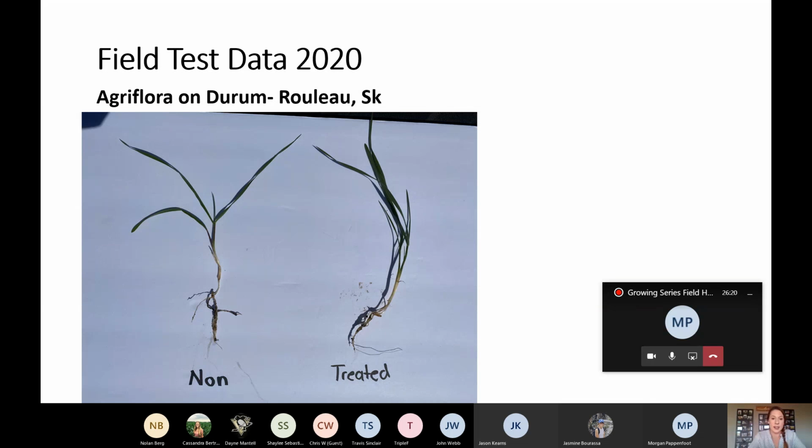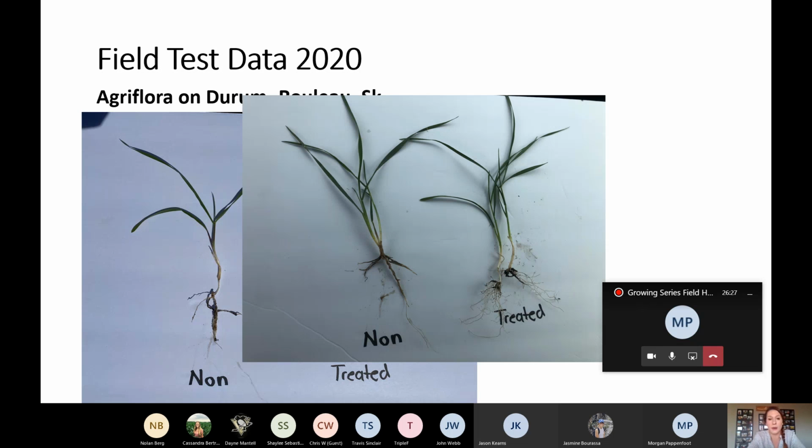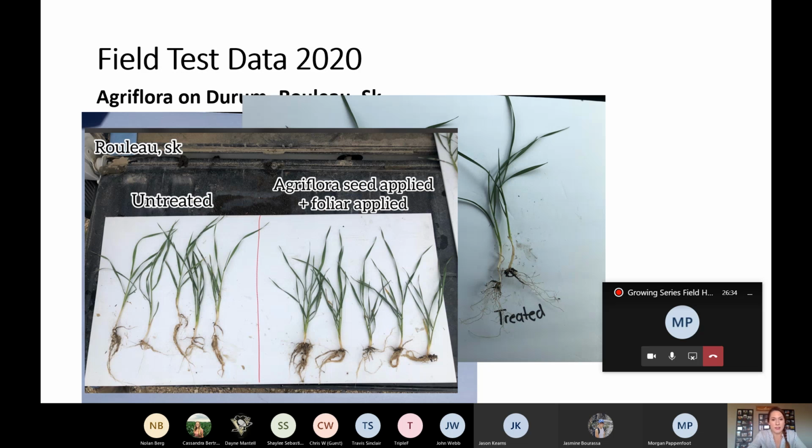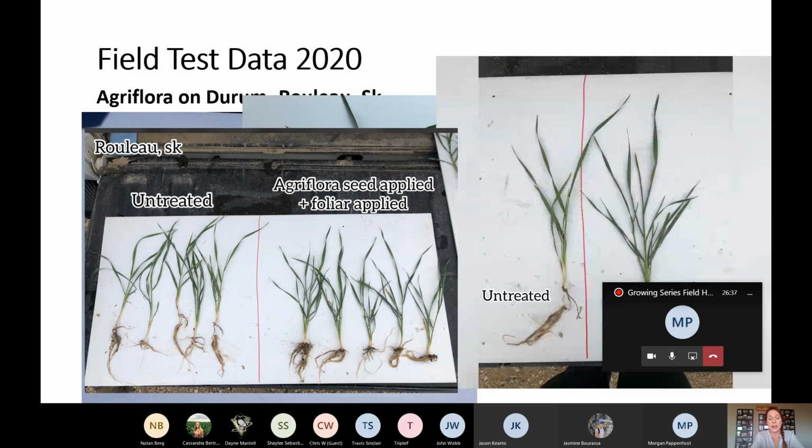So this is in the earlier stages. As you can see, the treated side is getting a little bit more roots. And then throughout the growing season, it started to show a lot more effects of it. This was after we initially applied it on the seed, and then we sprayed it on at herbicide time as well.